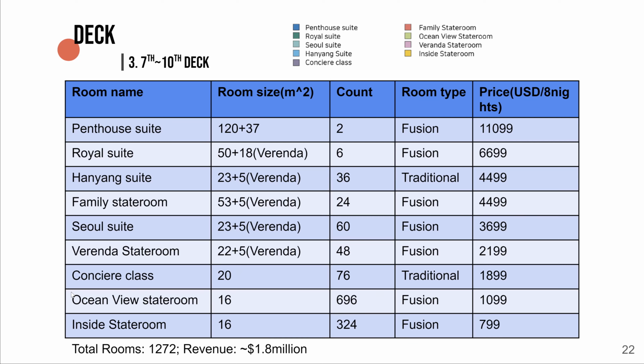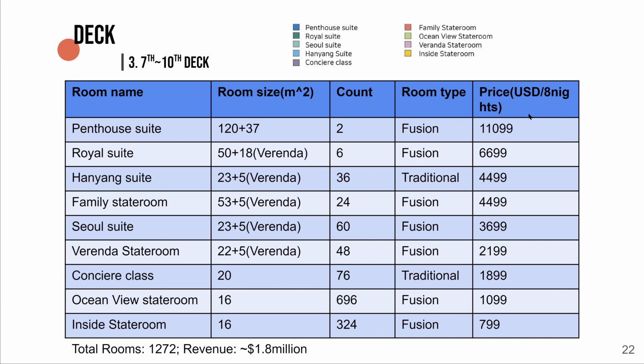And also these rooms make up the large majority of our rooms, and these rooms will be the reason we make most of our money from ticket sales. We also have labeled what kind of room each suite is. So, for example, penthouse will have more of a fusion style, whereas Hanyang will have more of a traditional Korean style. And here are the prices for 8 days.